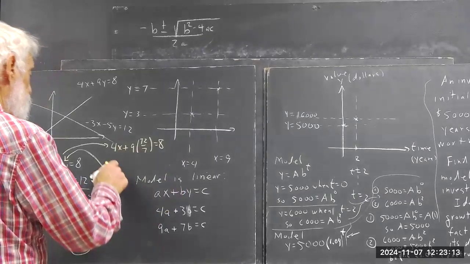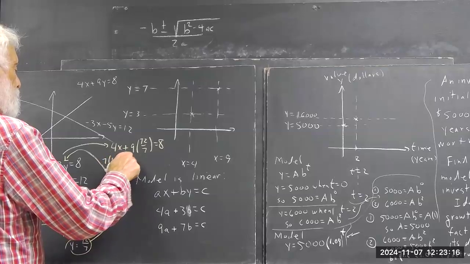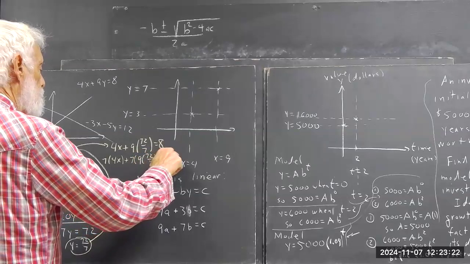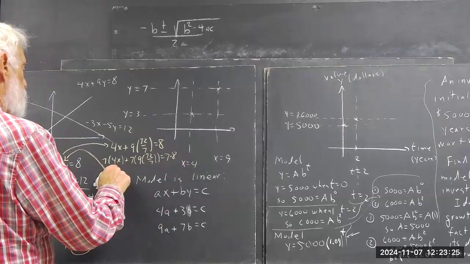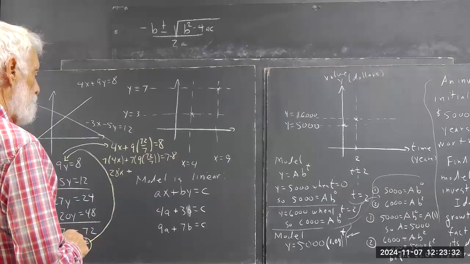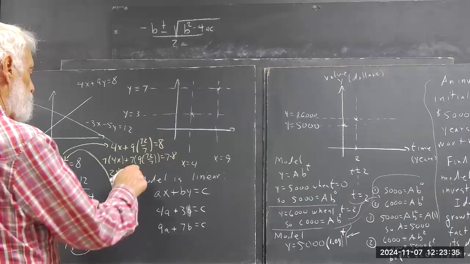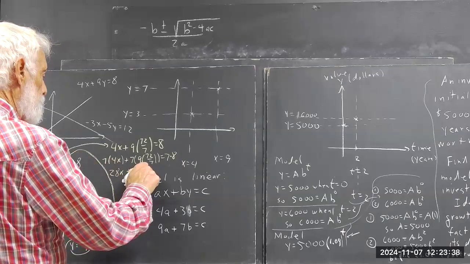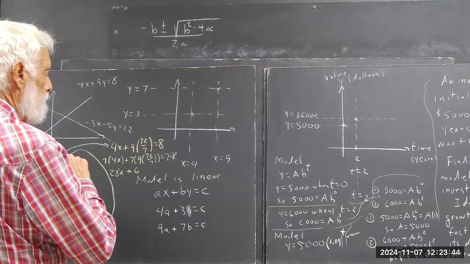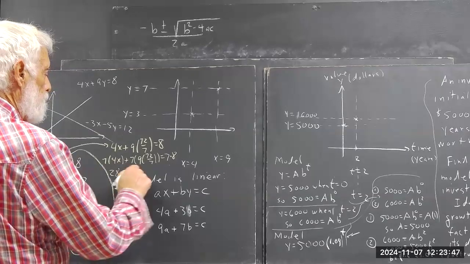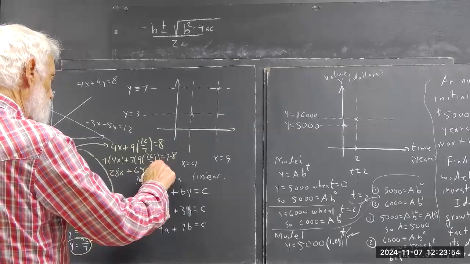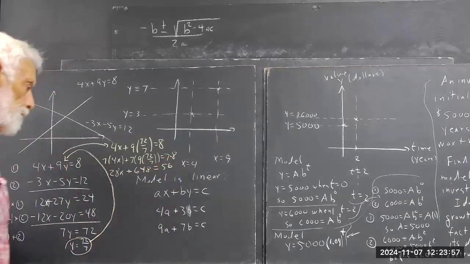Multiply both sides by 7. Giving us 28x plus 648 equals 56.